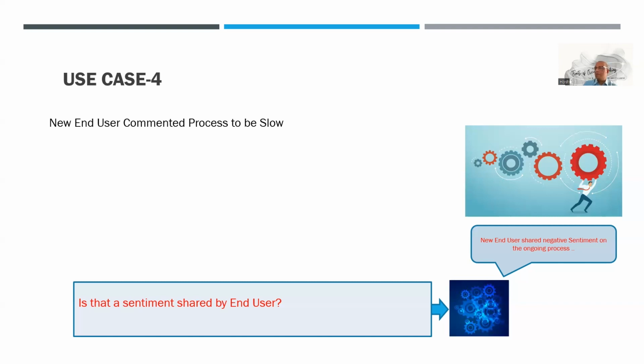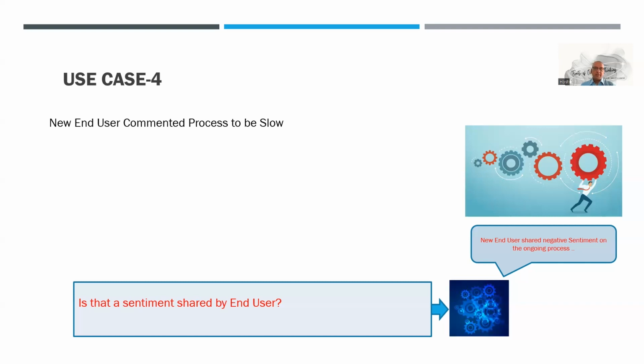So it might be that the subscriber is new, experiencing something new, and the little delay is making him say the software is slow. The little delay is making the end user share negative sentiment towards the software. But actually, the software is not slow. It is taking its own required time.